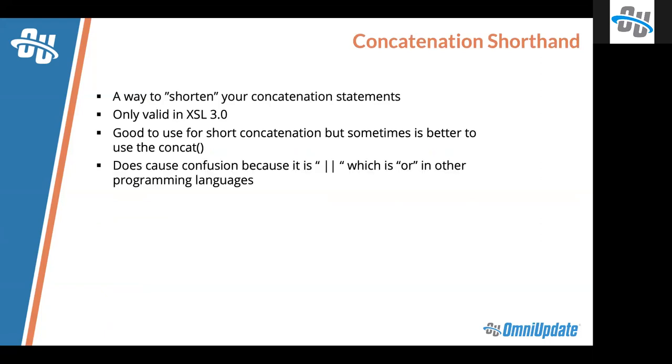The biggest thing is it does cause confusion because it's a double pipe, which means or in other programming languages. It might be harder for a new developer coming in to ask, what is this double pipe? Why isn't it doing an or? Due to XSL, it's actually a concat.